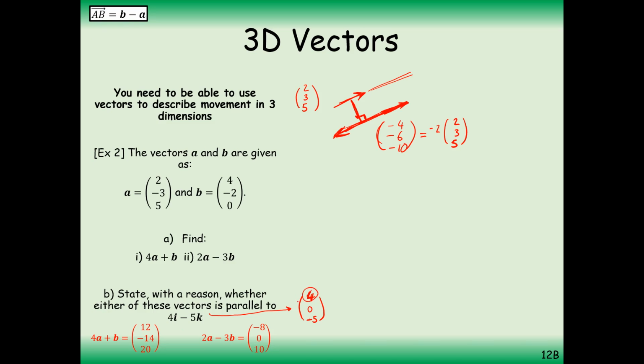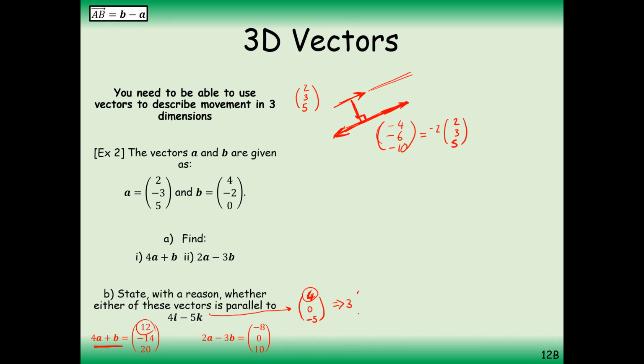We see that 4 and 12 are multiples of each other. So we will say that perhaps this vector 4a plus b might be three times as big as this vector. So let's multiply it by 3.